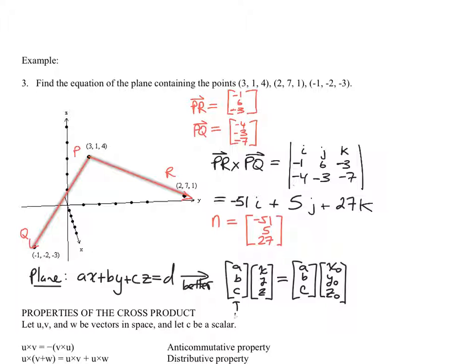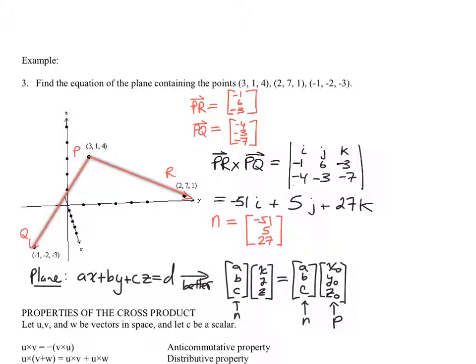Right, so this is my normal vector. X, y, z, that's going to be part of it. You have to have your variables in your final answer. So x, y, and z are going to be there, so we don't really need to find that. You can go x1, x2, x3 if you want, but I think this is better. So this is still the same n, and this is some point that is along the plane. So point P specifically in this case. So we're back to n over here.